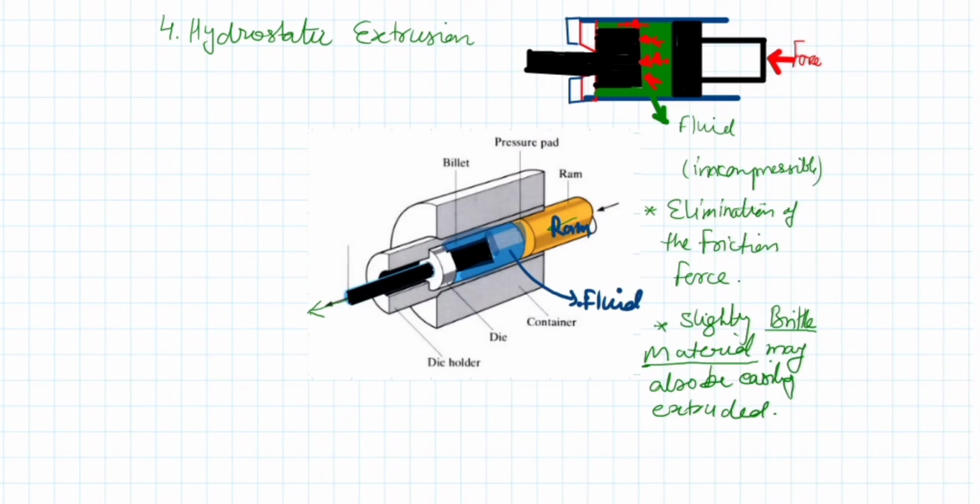So the materials which have low ductility may also be extruded with the help of the hydrostatic extrusion process.